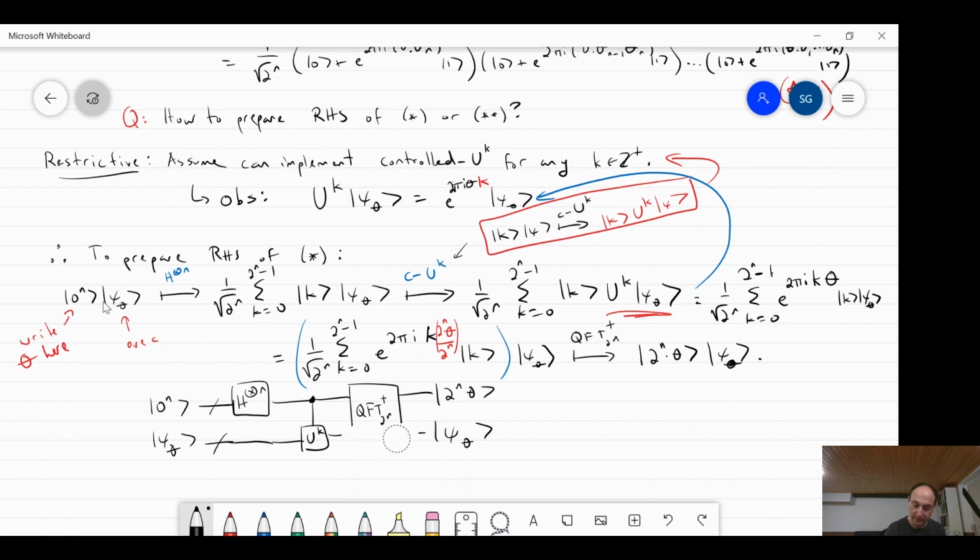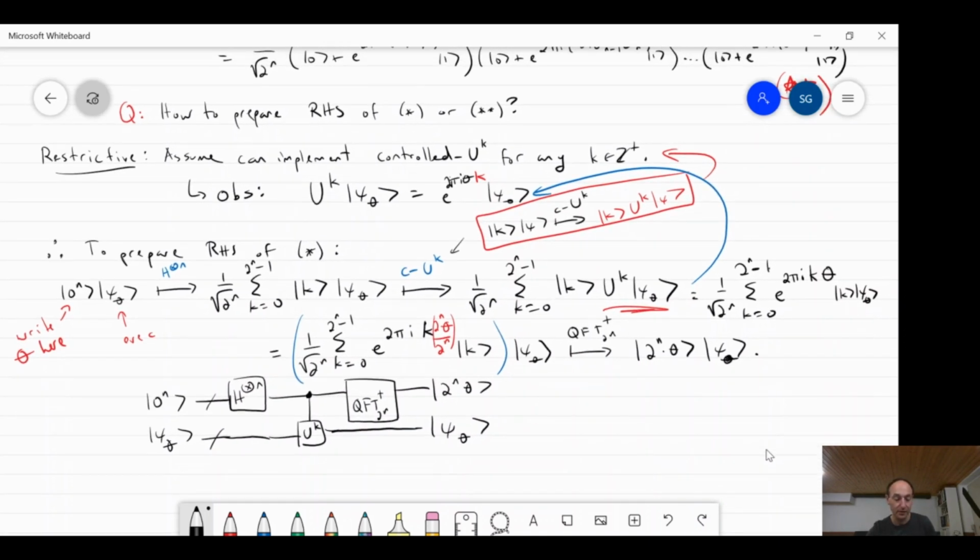So boo-boo over here: the Q of t does not act on the second register. So psi only goes through the operator for which it's an eigenvector, so it stays unchanged. Okay, so that's it for the algorithm. And this was based on an assumption.